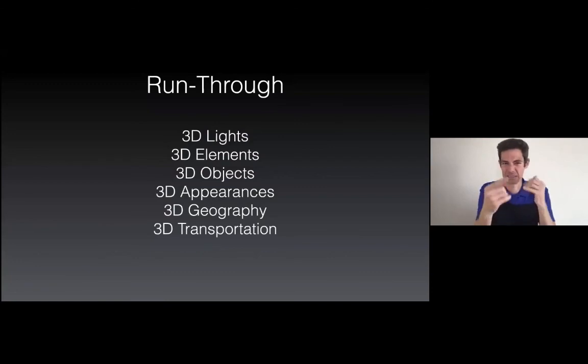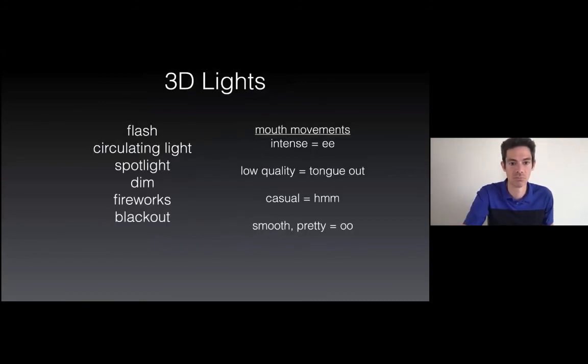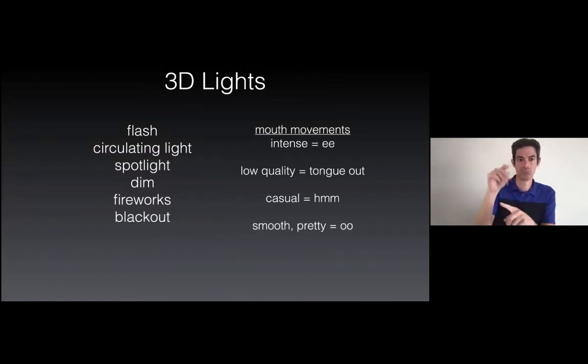So I'm going to go through these last couple of things here on the list. So 3D lights, elements, objects, appearances, geography, transportation. So for lights, it's usually the 5-hand, but there's some differences as far as movement.